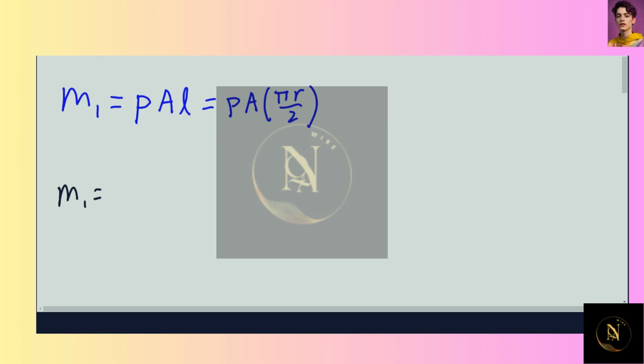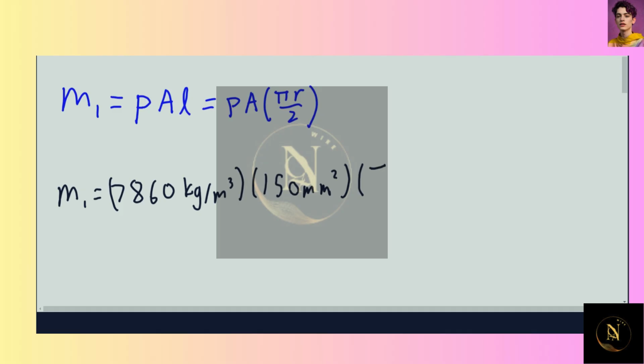And so the density is given as 7,860 kilograms per meter cubed. The cross-sectional area is given as 150 millimeters squared, and the length r is given as 180 millimeters.